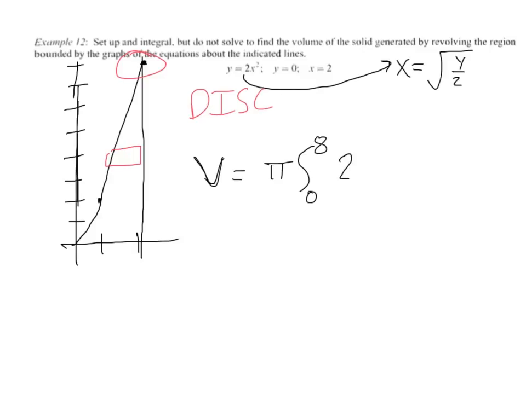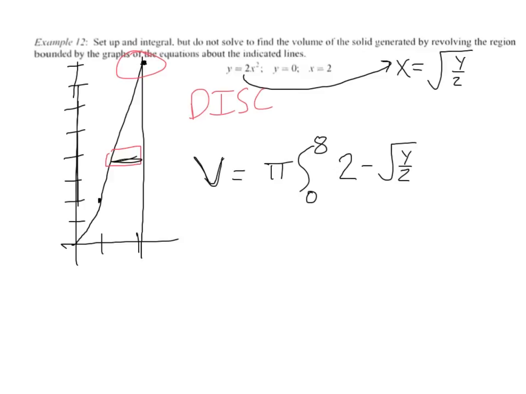So it's going to be 2 minus that x value. That x value is related to the curvy part, so the square root of y over 2. Okay, when I do this, I am left with this distance. And that is what I want for my one radius that I'm using.